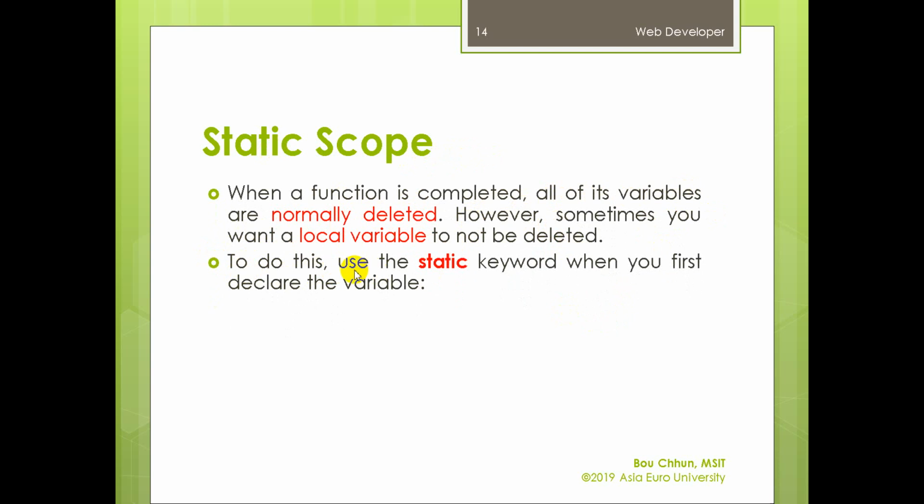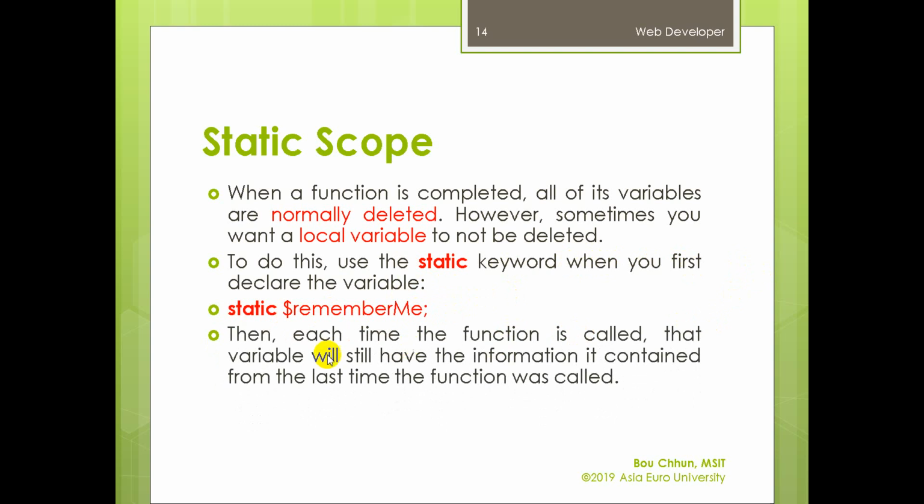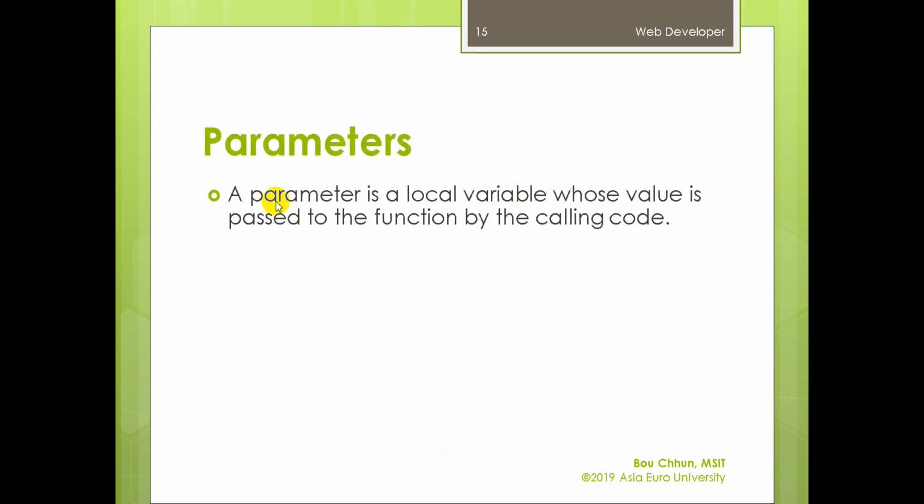To do this, you use the static keyword when you first declare the variable, and then each time the function is called, the variable still has the information from the last time the function was called. The variable is still local to the function.